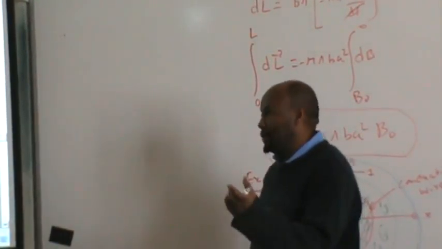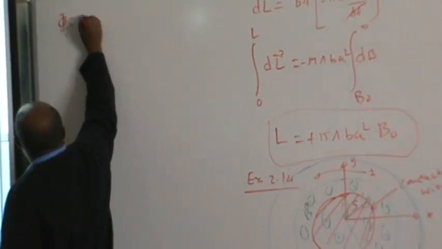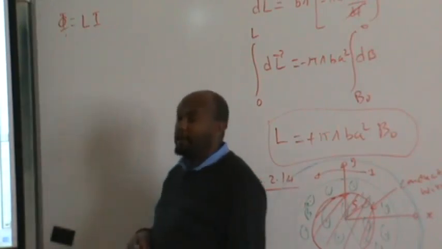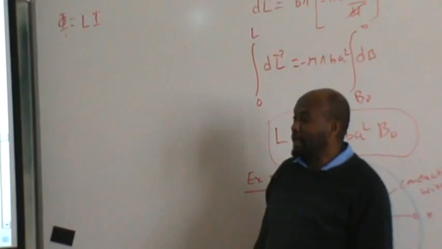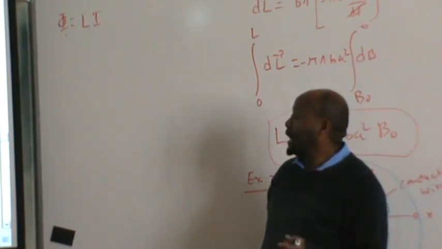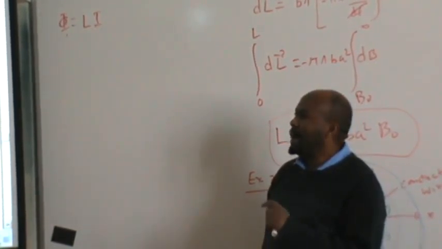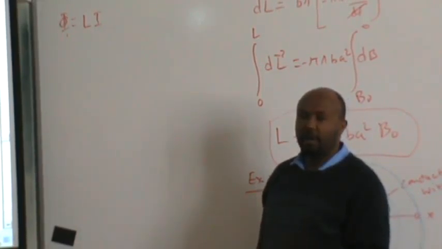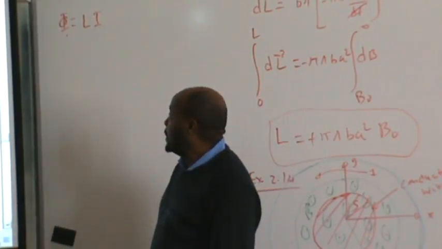So the flux phi equals L times I, right? And you were told L is called the inductance of an inductor, and it's measured in units of Henry. So you have studied RL circuits, RLC circuits. I think you have done also in Calvin's physics, right? So we will learn the origin of L.